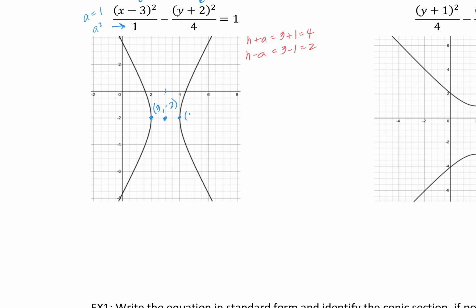So 4, yep, and then 2, -2. That's right. So let me write that down for reference. Center is 3, -2. Vertices would be 2, -2 and 4, -2.